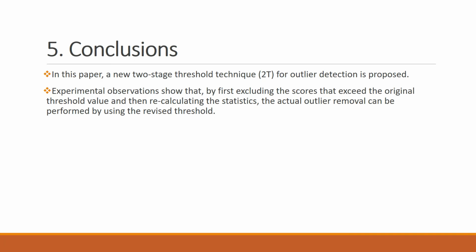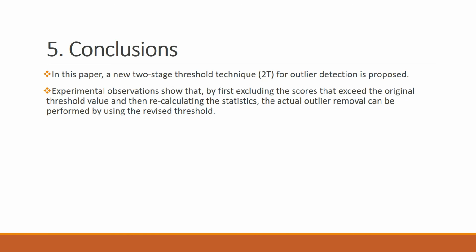So coming to the conclusion, in this paper a new two-stage thresholding for outlier detection is proposed. Experimental observations according to this study have shown that you first exclude the scores that exceed the original threshold values and then recalculate the statistics.